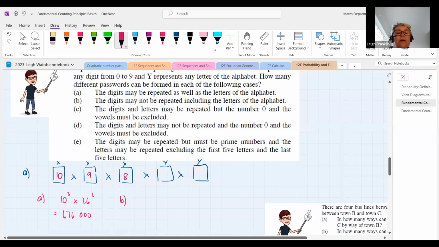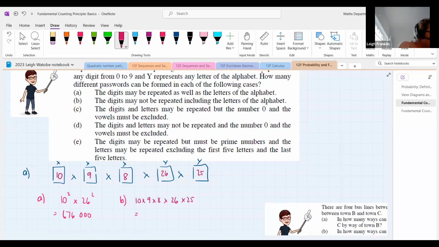Good. The fourth box, the first place where the alphabet pitches up, would be 26. And if I cannot repeat, in how many ways can I fill the last box? 25. Well done. So this is 10 times 9 times 8 times 26 times 25.